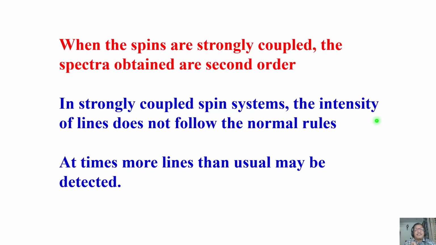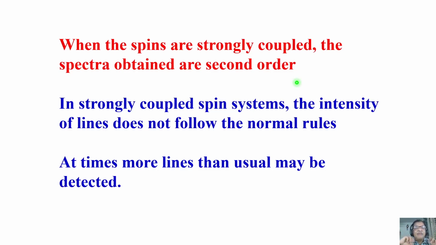in the AMX spin system, what did we do? We got 4 transitions for A, 4 for M, and 4 for X. But I also showed you there are 3 combination transitions where all 3 spins flip at a time, still retaining the change in the total magnetic quantum number of +1 or -1.